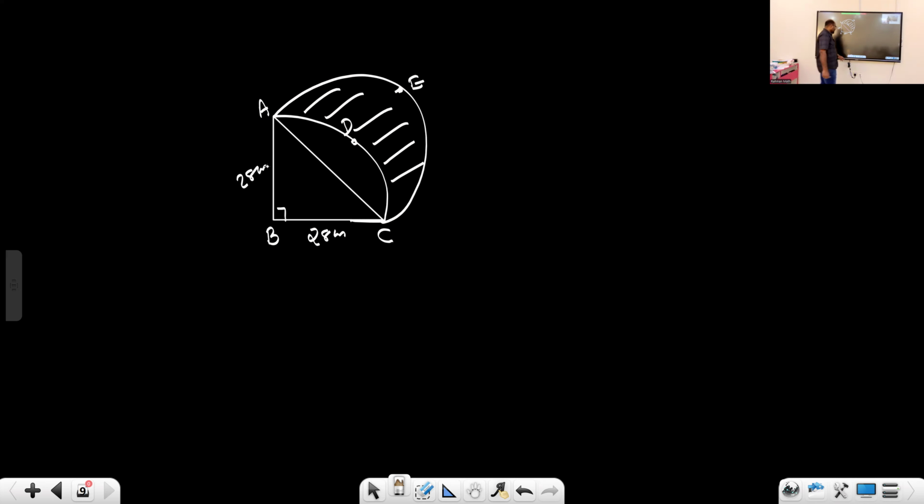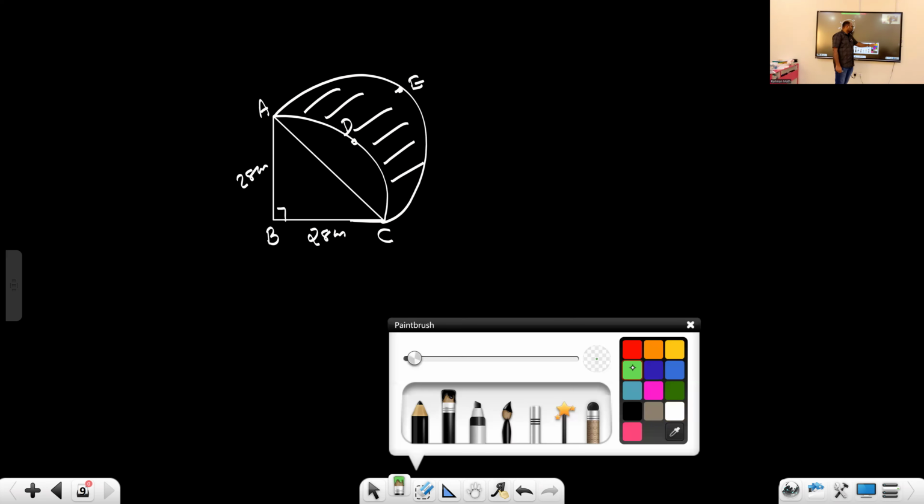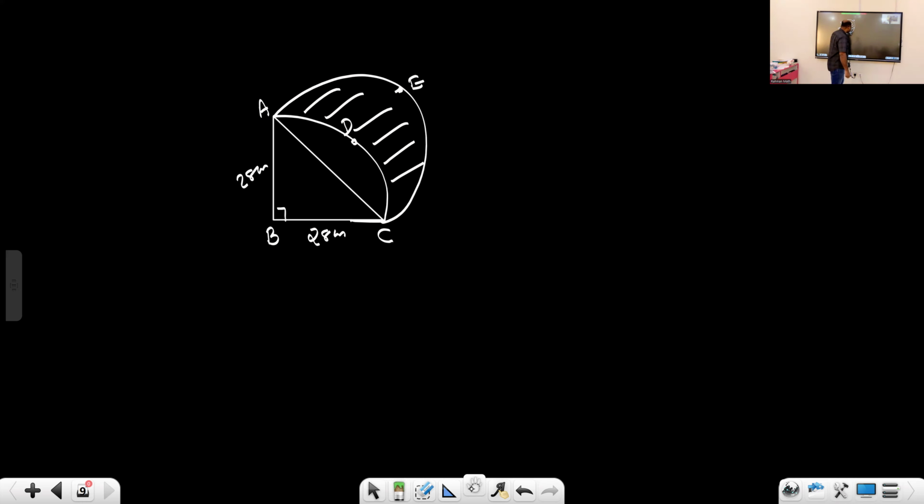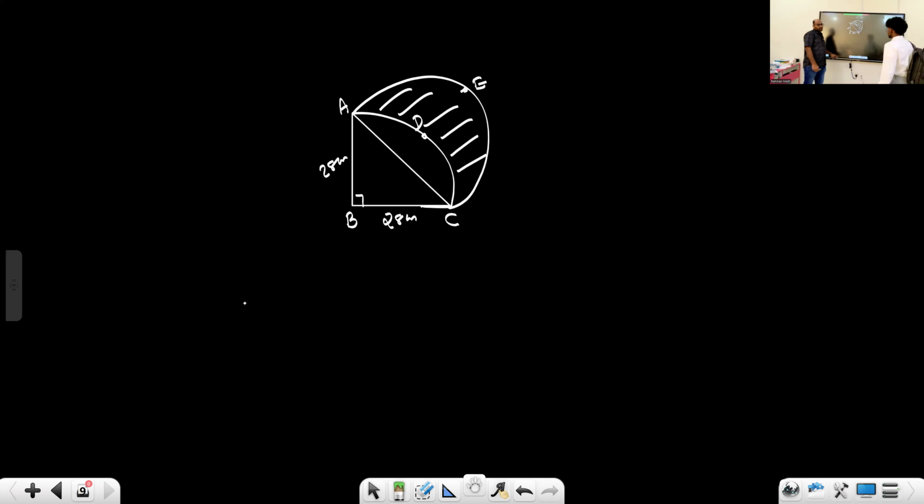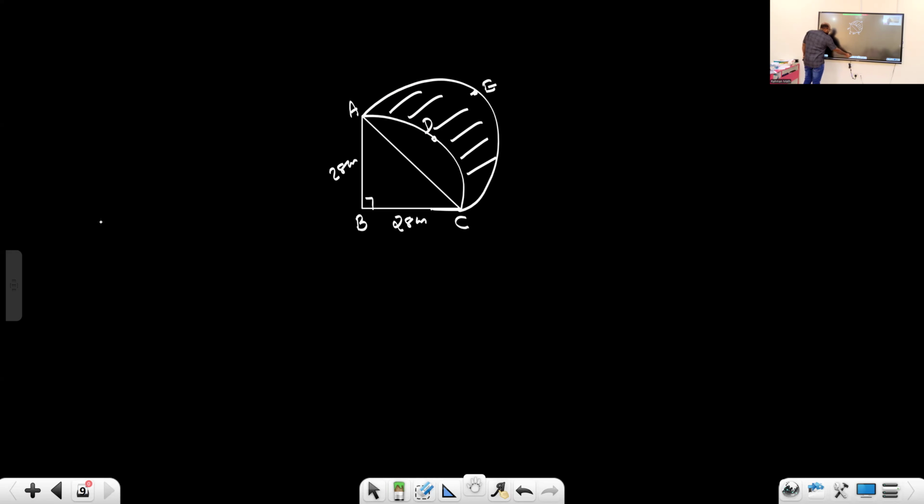In triangle ABC, by Pythagoras theorem, AC square equals 28 square plus 28 square, 784 plus 784, 2 times 784.